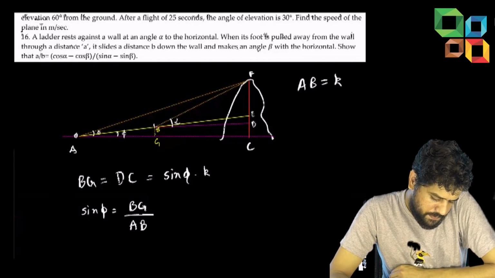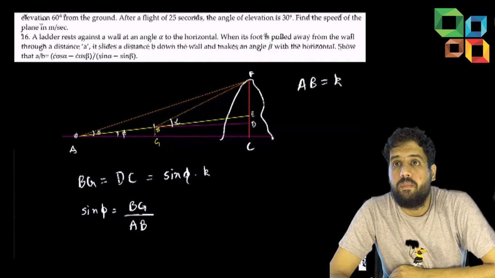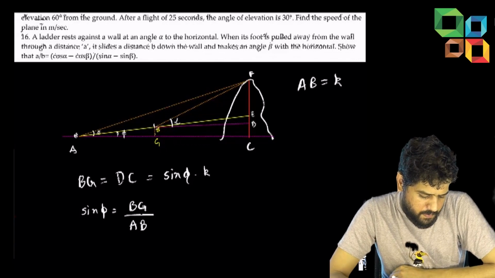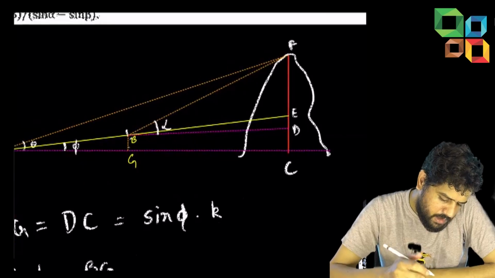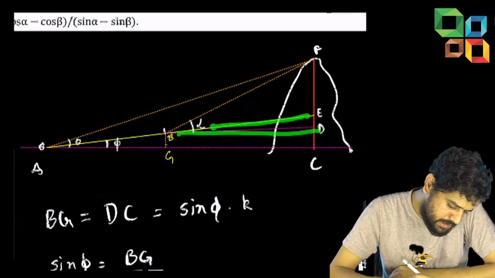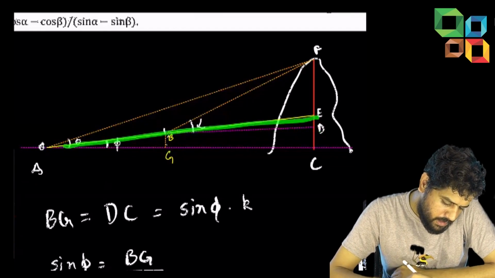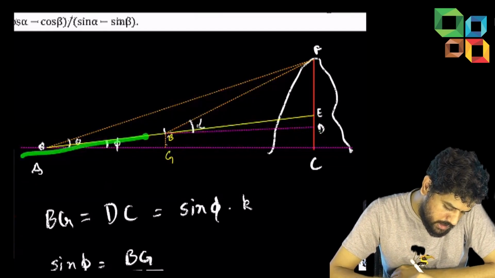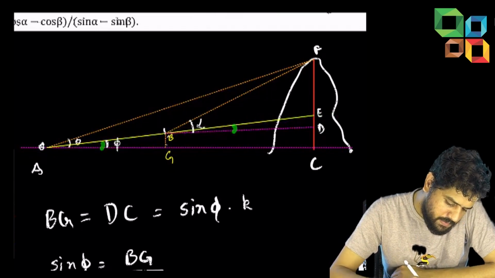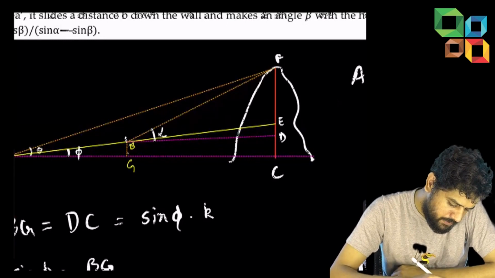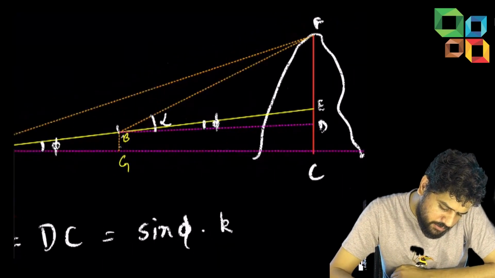Other heights. Sir, angle DBE is equal to angle GAB, that is phi. Hold on. These two are parallel, so these two angles are the same. So this angle also will be phi.